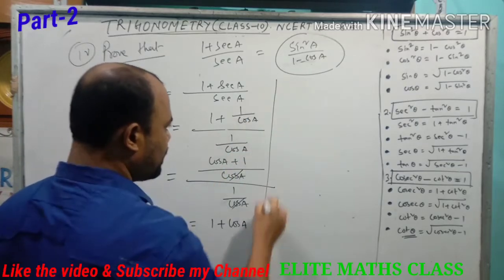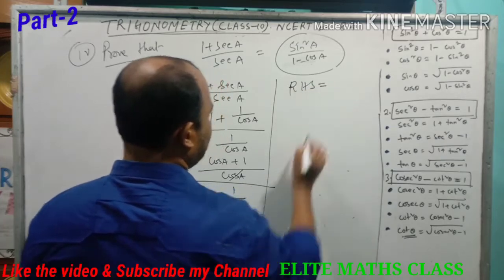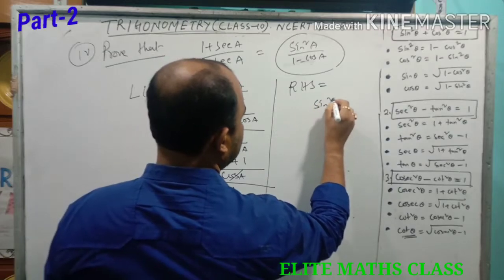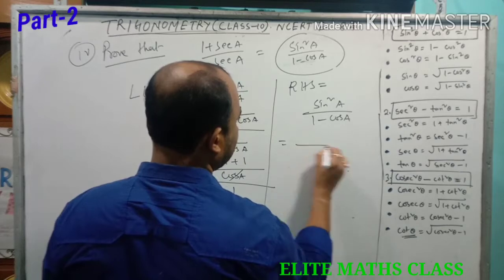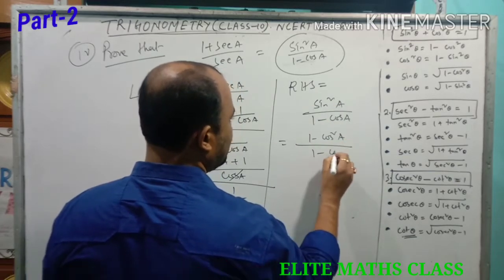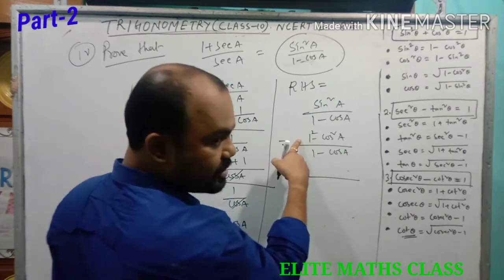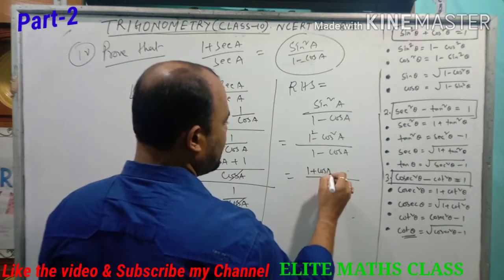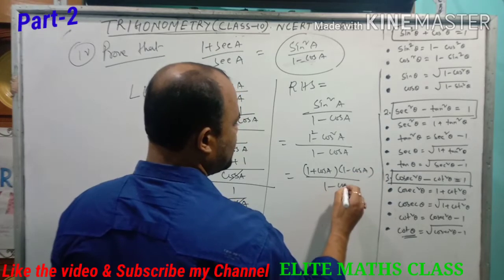This one I am showing in a different way. Start from RHS and simplify this. RHS is what? Sin square A by 1 minus cos A. What is sin square A? Sin square A is 1 minus cos square A, over 1 minus cos A. See here, 1 can be considered as 1 square; a square minus b square is a plus b into a minus b.